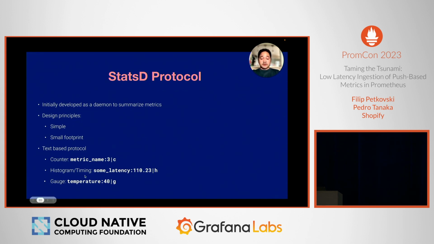For histograms or timings, as they are called in statsd, you could have a metric called some latency, then a float value representing milliseconds, and then the metric type, which is H, in this case representing histogram, or you can also have MS representing a time. And you could also have a gauge, for example, used to measure temperature with a value of 40 and a G for gauge.